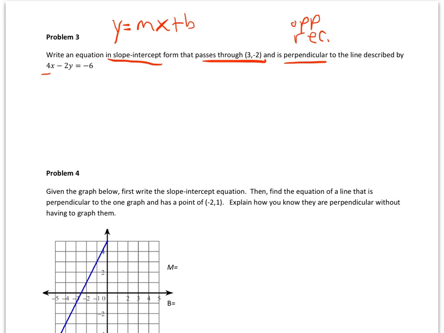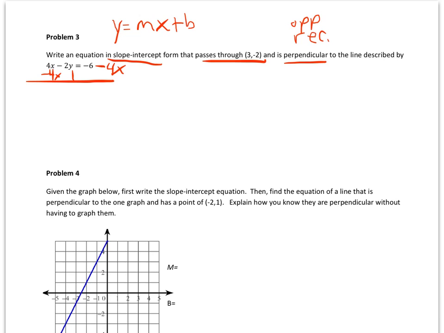Now, one real quick thing. In order to find their slope, we have to know their slope. Well, this equation does not give us their slope. So what do I need to do to find their slope? I need to convert it to slope-intercept form. So to do that, I'm going to subtract 4x, subtract 4x.